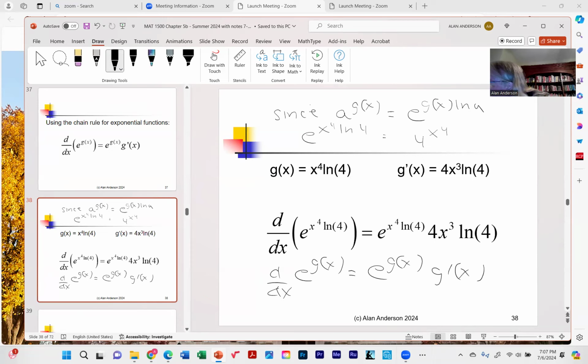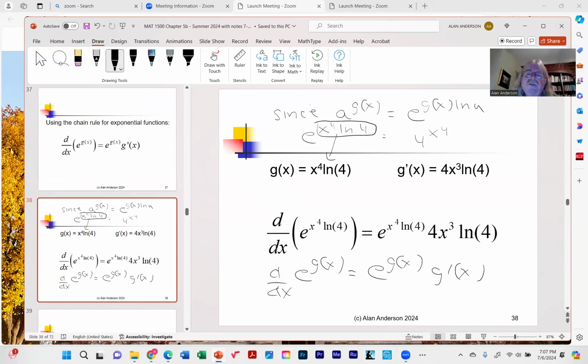So g of x is this exponent right here. Because of the definition that we used, e is now being raised to the x to the fourth times log 4 power. That will become our g of x.